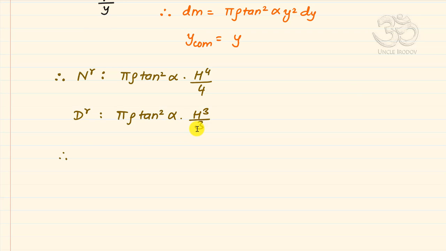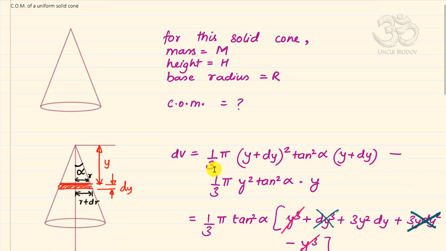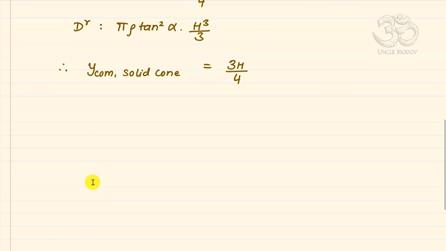Therefore the y center of mass for a solid cone is found by dividing the numerator by the denominator. All the other terms go off, and what is left is only 3h by 4. So 3h by 4 from the top, from the apex, that means h by 4 from the base.